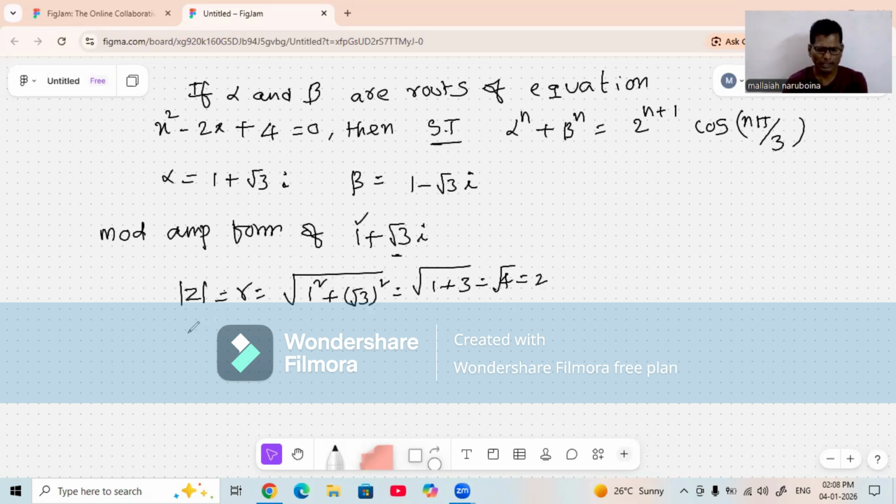Now theta. This is called the argument. Theta is tan inverse b by a. b is root 3, a is 1. Root 3 by 1 is root 3 only. Tan inverse root 3. This root 3 we have to write as a trigonometric ratio.